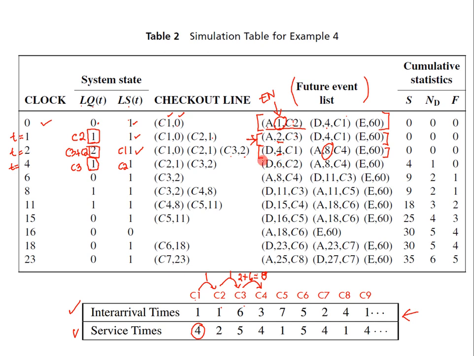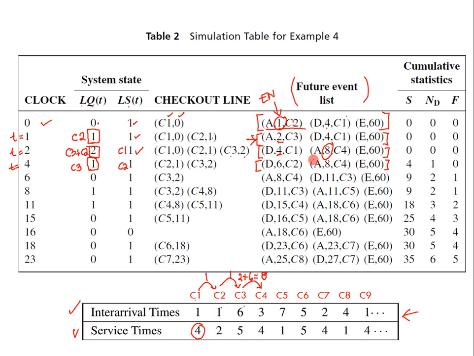The next future event list: we're going to have an arrival and a departure. The next arrival will be customer 5, right? Actually, at this point customer 4 hasn't arrived yet at time 4.